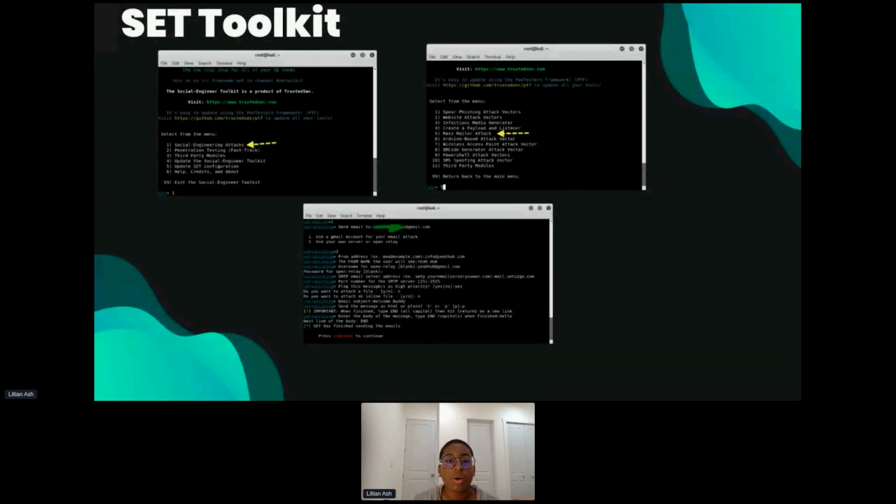Then it drafts it all up for you and makes it convincing. It's still a tool that is not that advanced and special, but it can make a pretty convincing email, and it sends it out for you via SMTP, so Simple Mail Transfer Protocol.